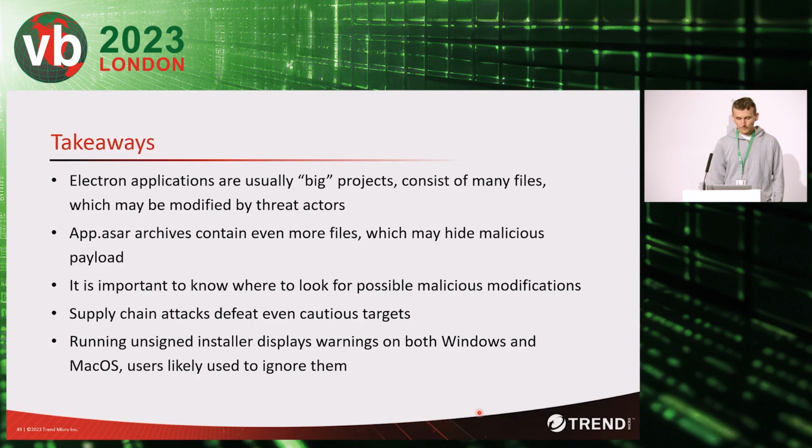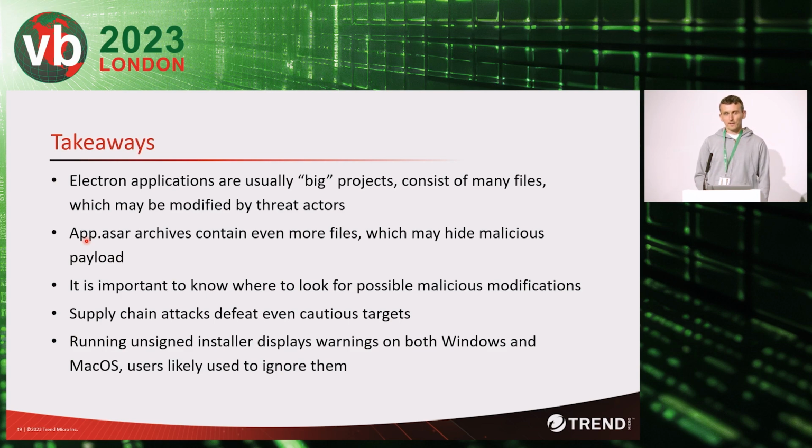For the conclusion, or the takeaways, I would say that Electron applications are usually quite big projects. You download a file with hundreds of megabytes, and you can extract all the files. It can have maybe hundreds of files. There is the app.asar archive, which I mentioned before, and it can again have hundreds of different files.